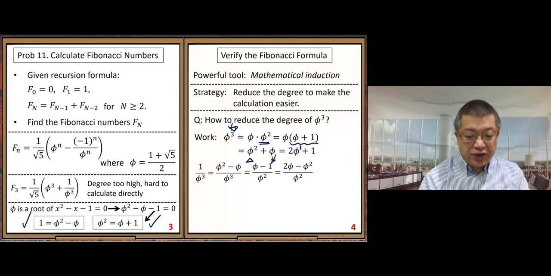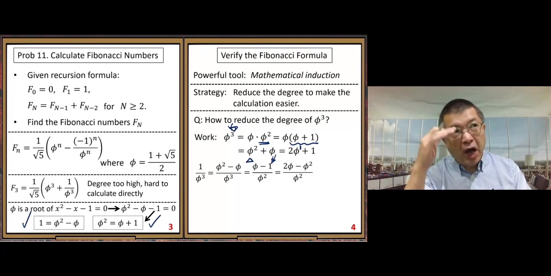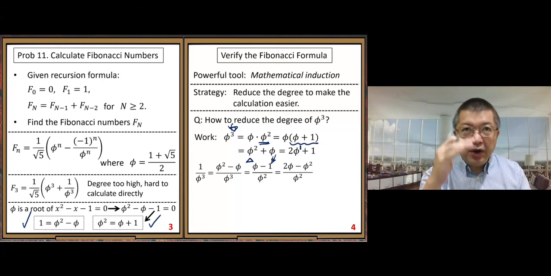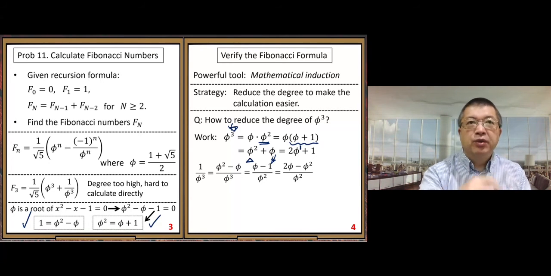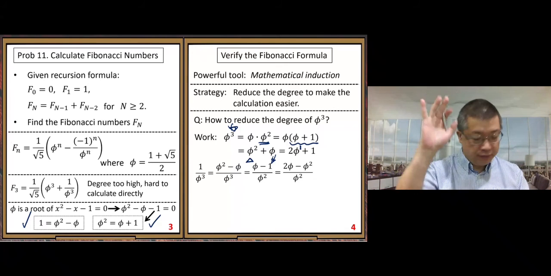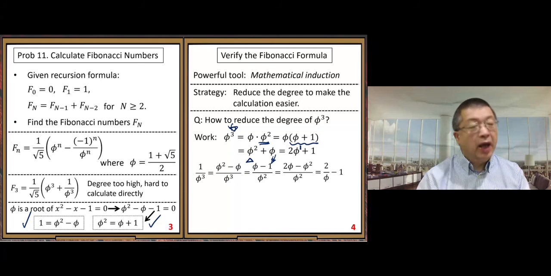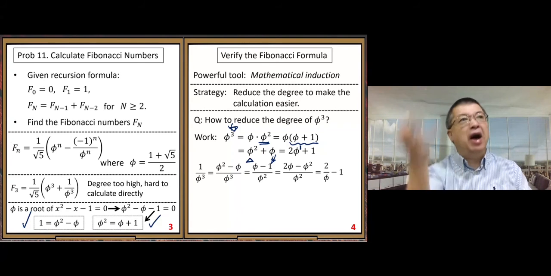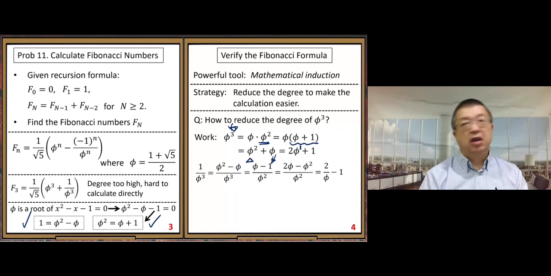After that, you can see we have a common factor between numerator and the denominator again. So we can do another round of cancellation, phi cancellation. After that, we get 2 over phi minus 1. That's simple enough, right? So we do not need to do further simplification, although probably we can.